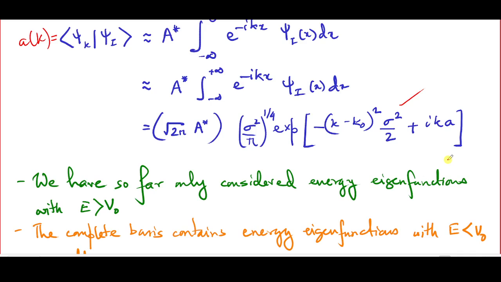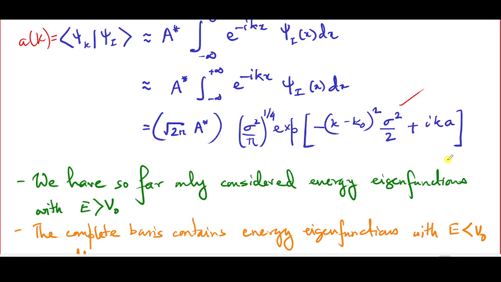However, the k value for such wave functions, the wave number of the real wave on the left of the barrier, which only becomes exponentially decreasing to the right for E less than V0, is much smaller than k0.